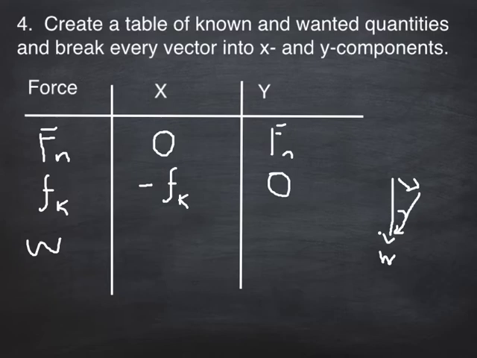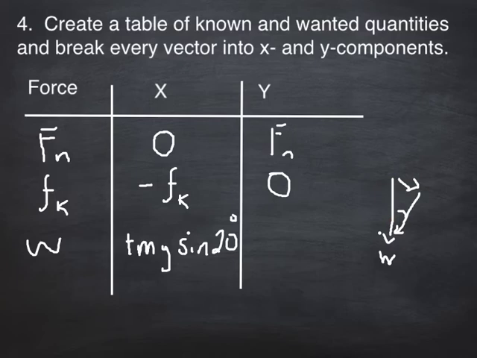I know that's a little small and untidy, but I just wanted to remind you where these things come from. So the x component of weight in the coordinate system I set up is a positive number, and it's actually positive mg times the sine of the 20 degrees. Sine because it's the opposite of the angle.